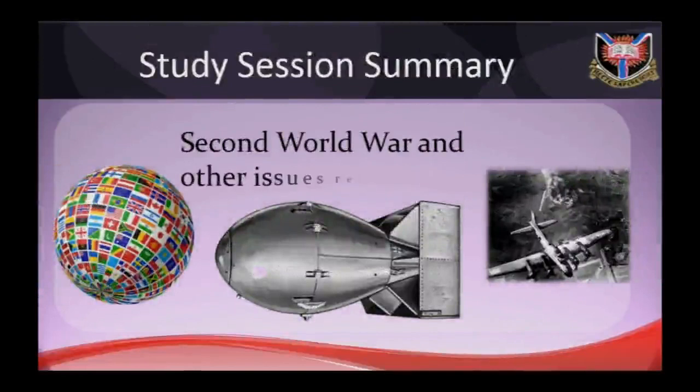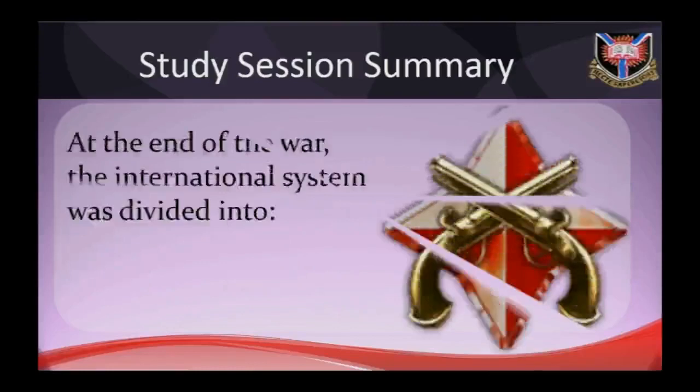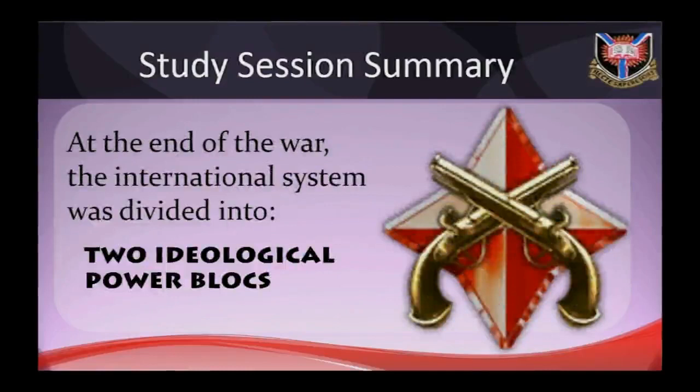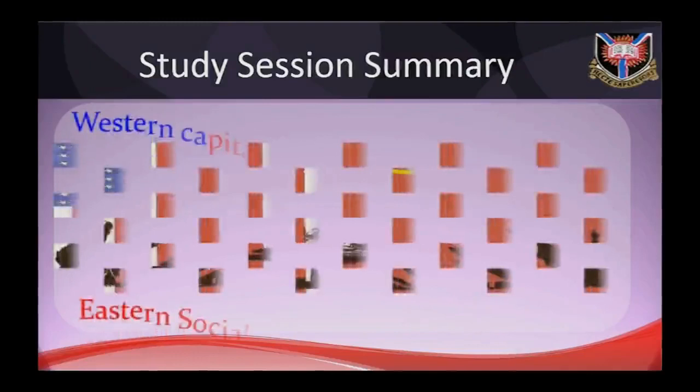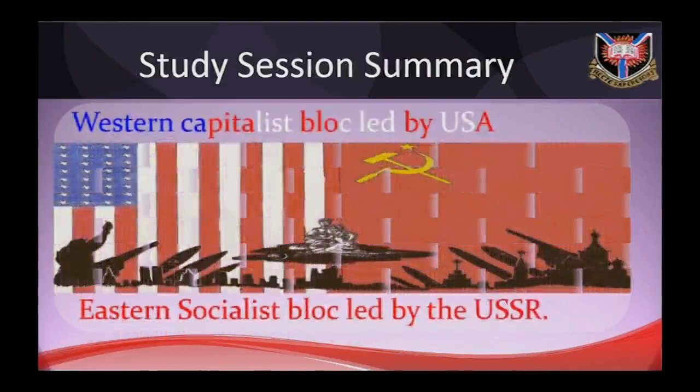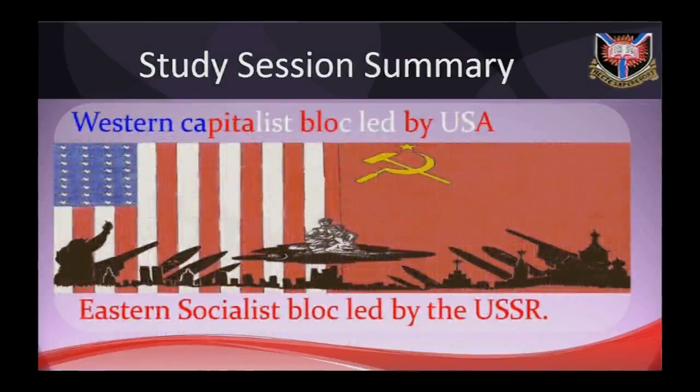Study Session Summary. In this study session, we discussed extensively on Second World War and other issues related to it. At the end of the war, the international system was divided into two ideological power blocs: Western Capitalist Bloc, led by the USA, and Eastern Socialist Bloc, led by the USSR.